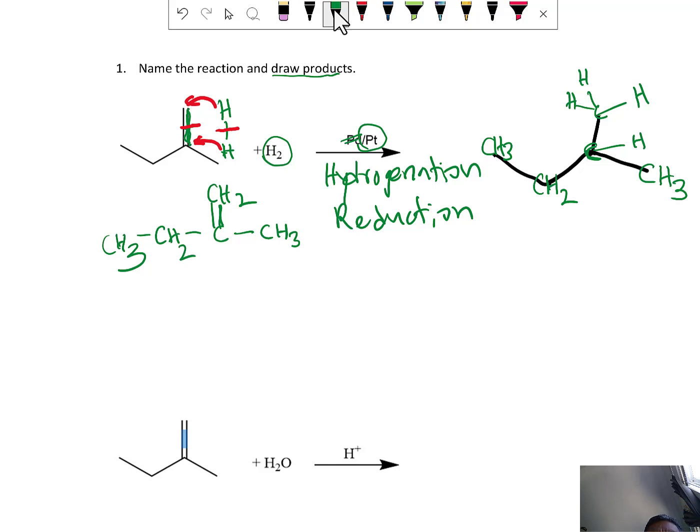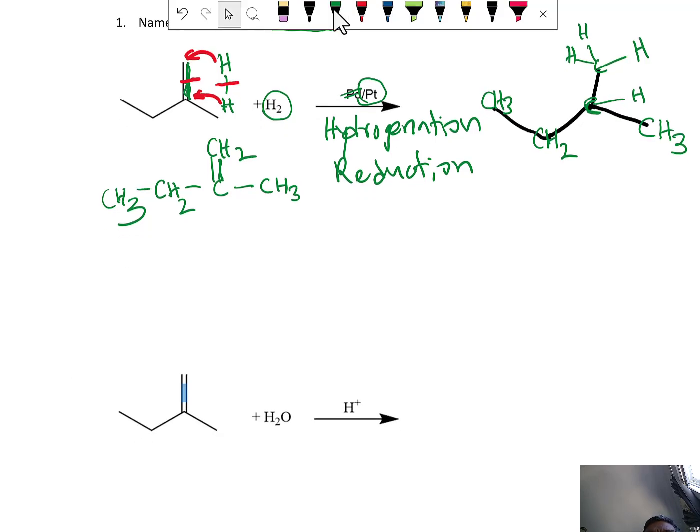Now let's follow the similar pattern for the next one, right? And see, I'm following kind of a similar pattern. Okay, water molecule, and so typically like the platinum, if you have this way on the arrow, these are reaction conditions mostly, right?